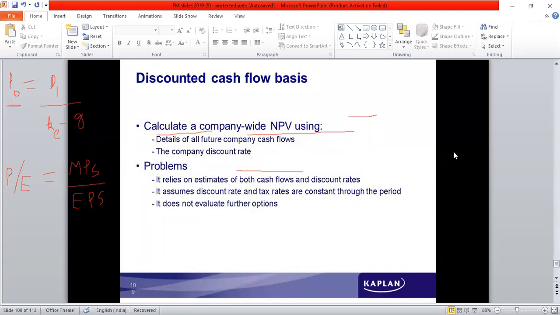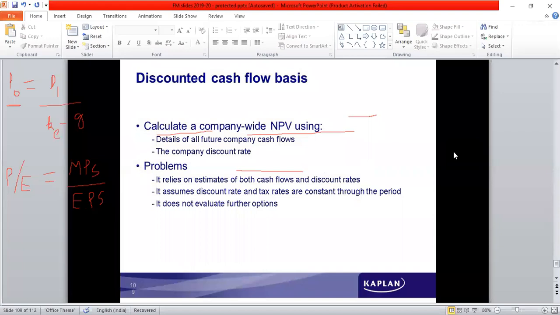So all the anticipated future cash flows have to be discounted to the present value, and then calculate the market value. So the discounted cash flow basis says to calculate a company-wide NPV using details of all future company cash flows. Anticipate all the possible future cash flows of the company, then select an appropriate discount rate, and calculate the present value of the company based on the future anticipated cash flows. That's the fourth model.